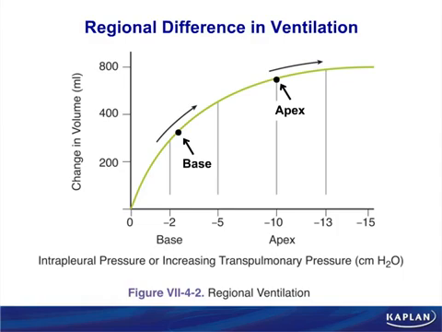We could plot this as transmural, we could plot it as interpleural pressure, and that's what we see on this graph, we're plotting it actually as interpleural pressure. So again, we could just change that to transmural or transpulmonary. But bottom line, base of the lung, we're on a steeper part of the compliance curve. It's less distended, it's more compliant. Therefore, I get more ventilation compared to the apex.